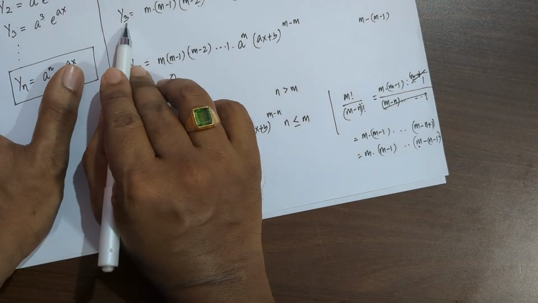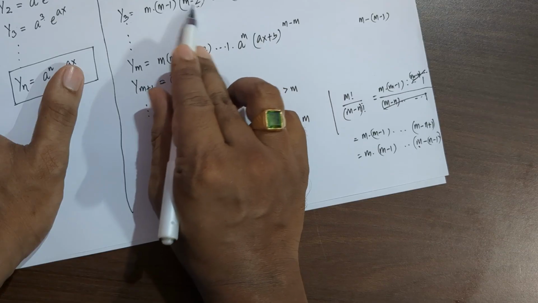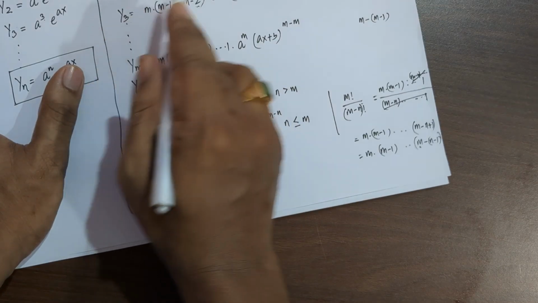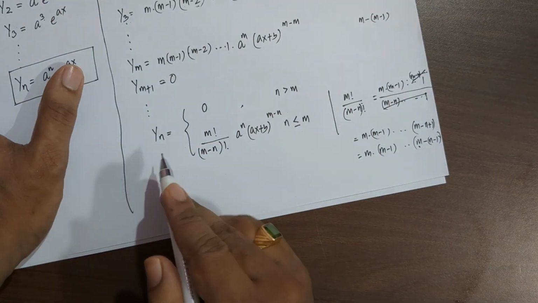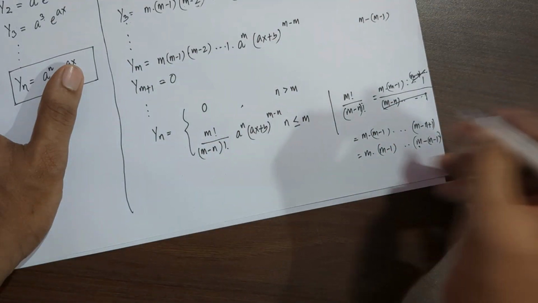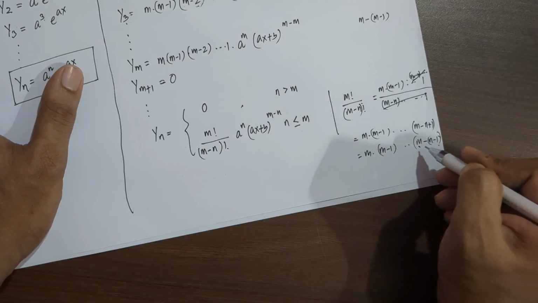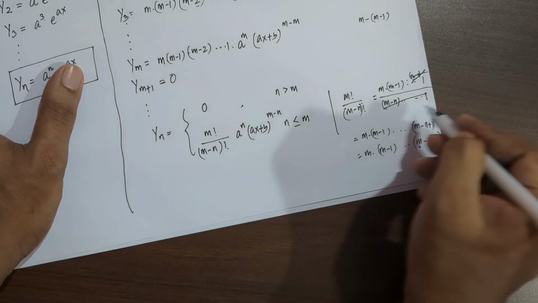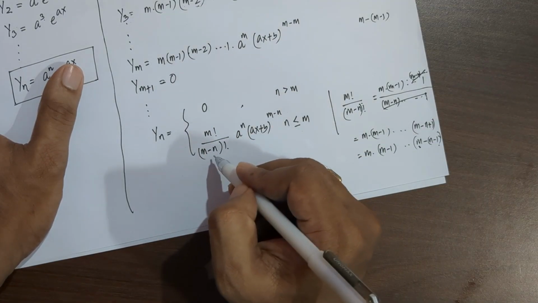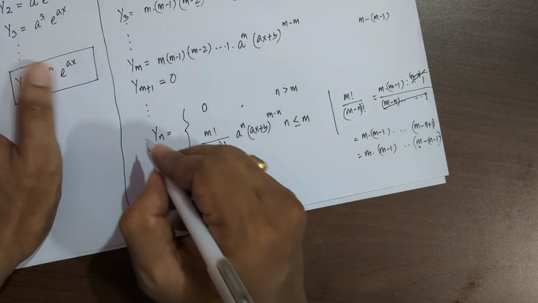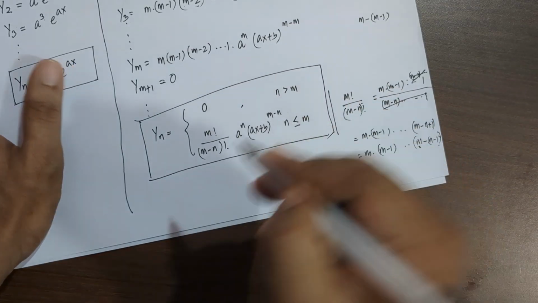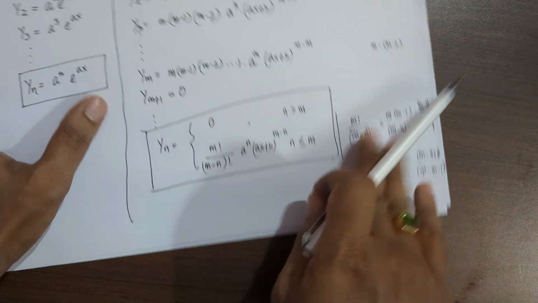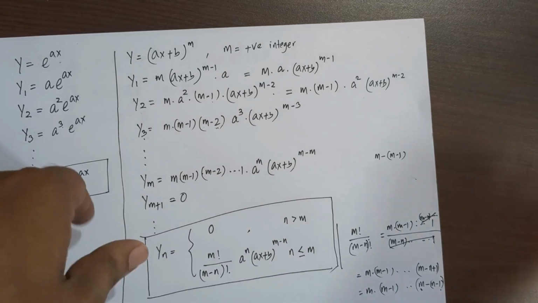See, for 3 we are subtracting 3 minus 1 from m. For 2 we are subtracting 2 minus 1, which is 1. So for n we will subtract n minus 1 from m, and this is nothing but m factorial over m minus n factorial. So this is our nth derivative of functions of the form ax plus b to the power m.